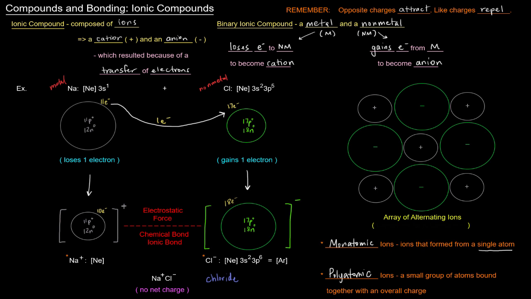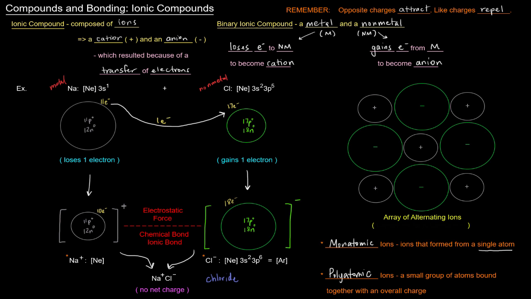Now, I want to get back to this idea of this Na+ and Cl-. Na+ and Cl- form this Na+Cl- or NaCl ionic compound. And what this actually is, is an array of alternating ions that kind of looks like this. Now, I've drawn it two-dimensional here, just as flat, right?